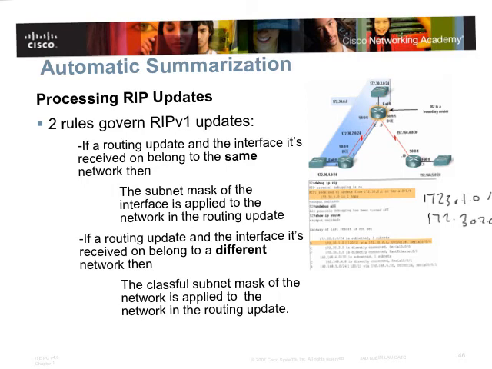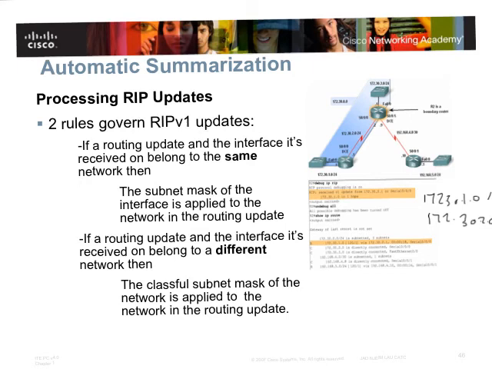Again, how? This interface now is 172.30.2.0, right? And I received an entry which is 172.30.3.0. So the question here is, are these two subnets on the same major network? Well, the answer is yes, because both subnets are on the major network 172.30.0.0, right?